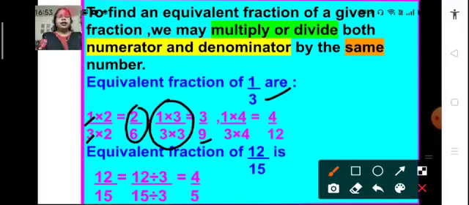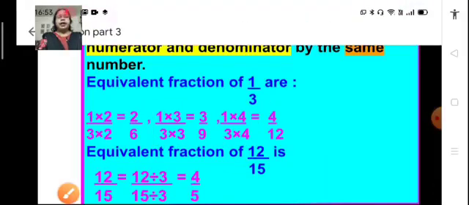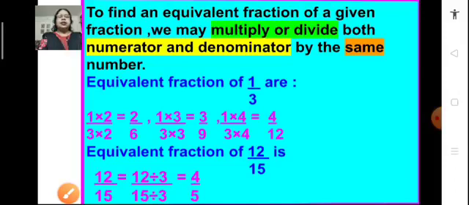So 3 upon 9 is another equivalent fraction of 1 upon 3. Similarly, if we multiply both the numerator and denominator by 4, we get 4 upon 12, which is another equivalent fraction of 1 upon 3.